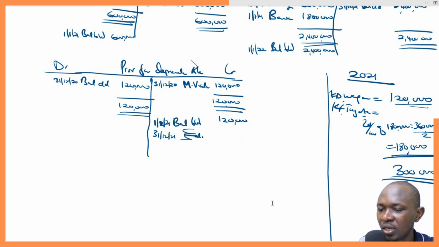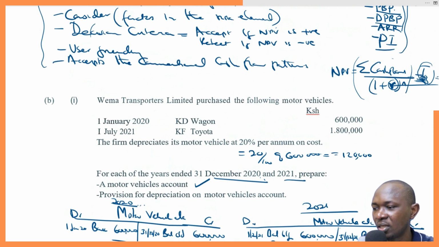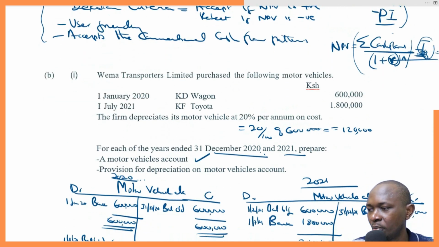You might also want to show it here, so that instead of just writing, you can have KD wagon, and then you show 120,000, and then this other one 180,000. But since we have come with the motor vehicle account, let's just go with the motor vehicle account and have it as 300,000. So you need to show the workings here, how you've arrived at the 300,000. That will be very important.